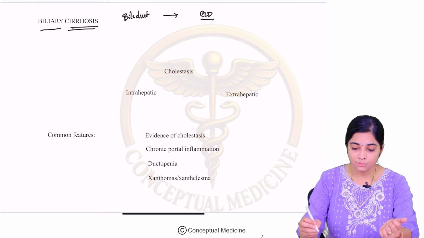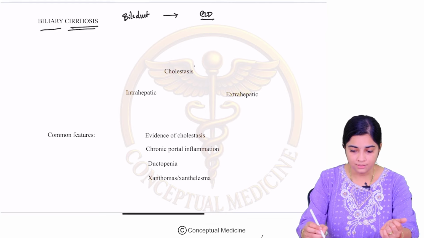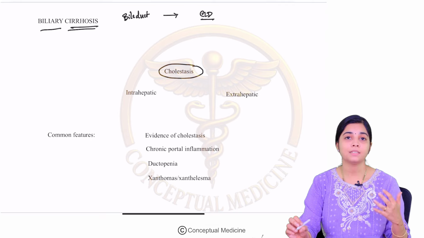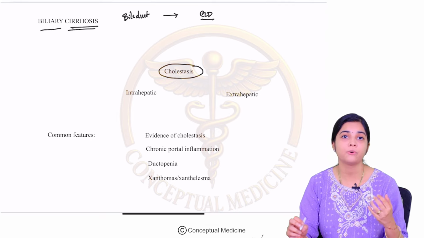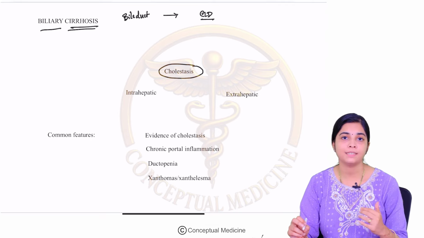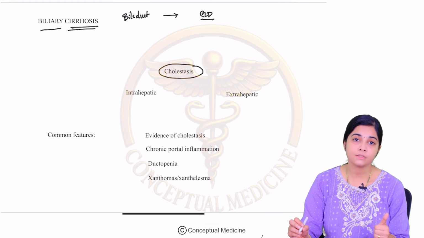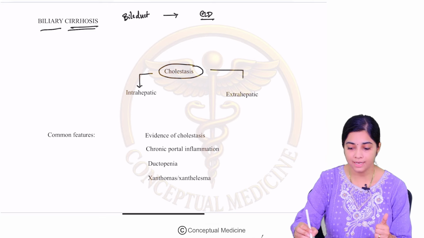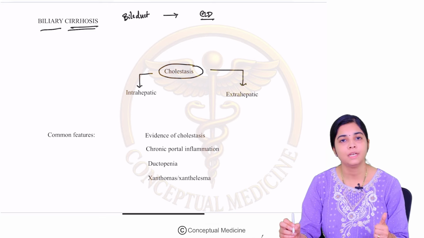Whenever we talk about cholestasis, that is, damage to the bile duct where there is an impediment to the flow of bile through the bile duct and into the intestine, it can be classified as intrahepatic cholestasis and extrahepatic cholestasis.